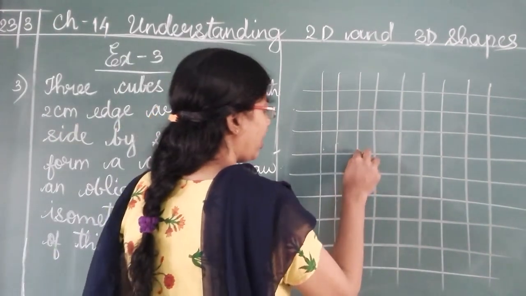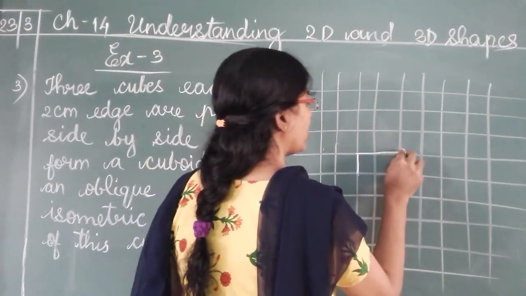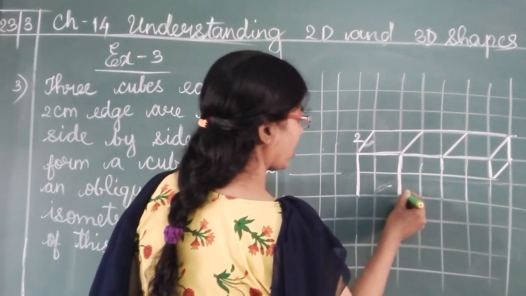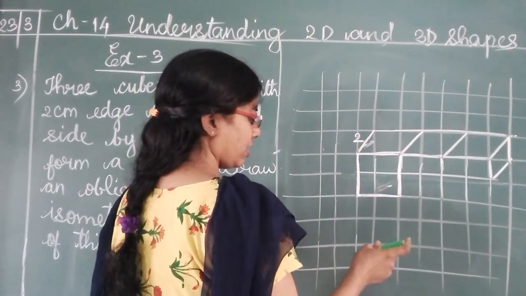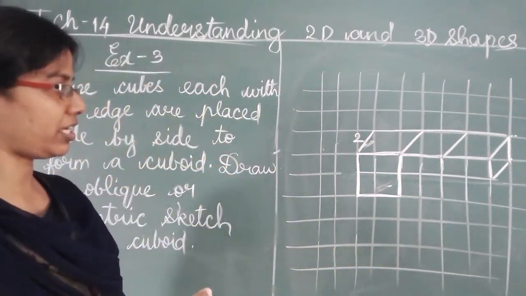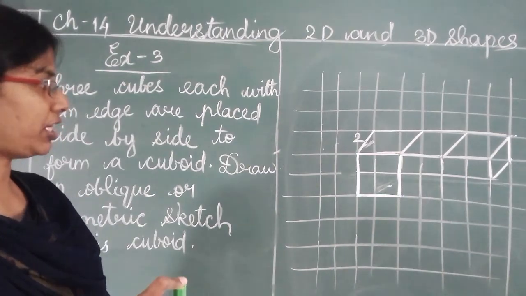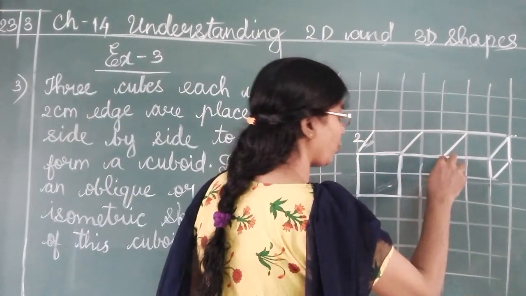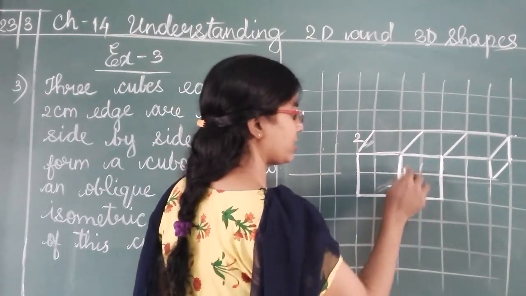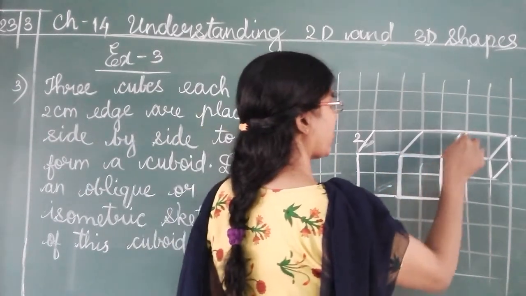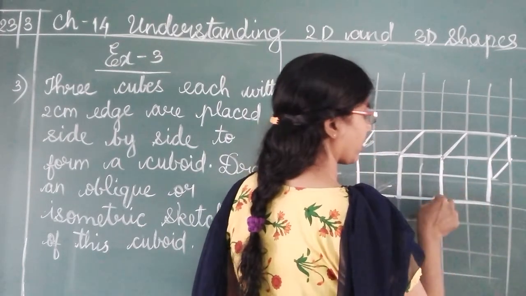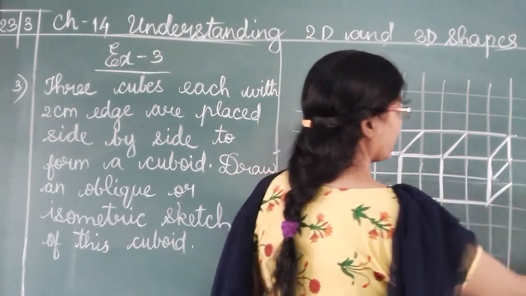So here let us draw. I am making it thicker. It is a 2 centimeters edge cube, so it is going to be 2 by 2, because all sides are equal.